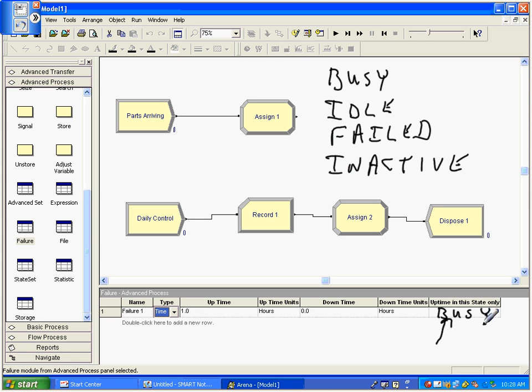Of course, if it's real busy, it doesn't make that much difference. It's probably not very relevant. Well, of course, for the machine that's down 8 hours every day, that will make a big difference.